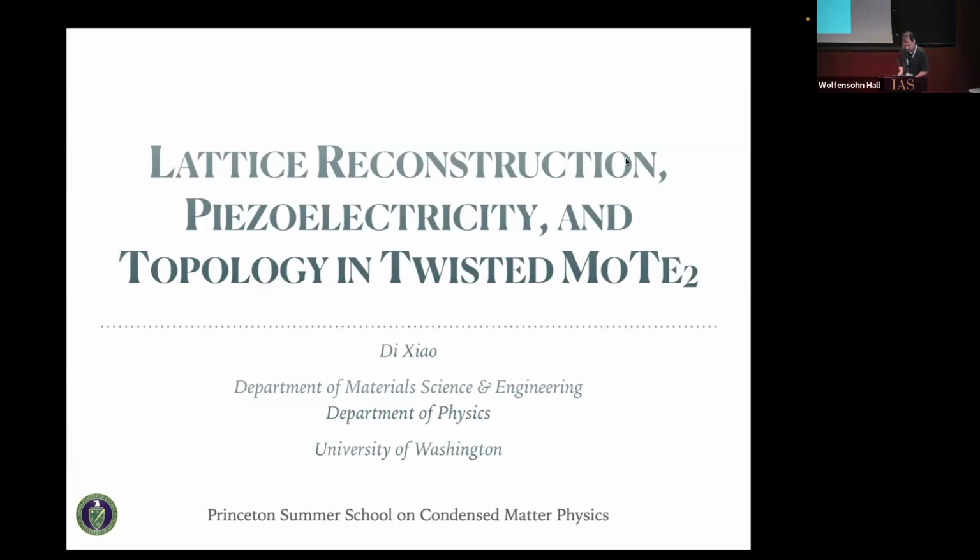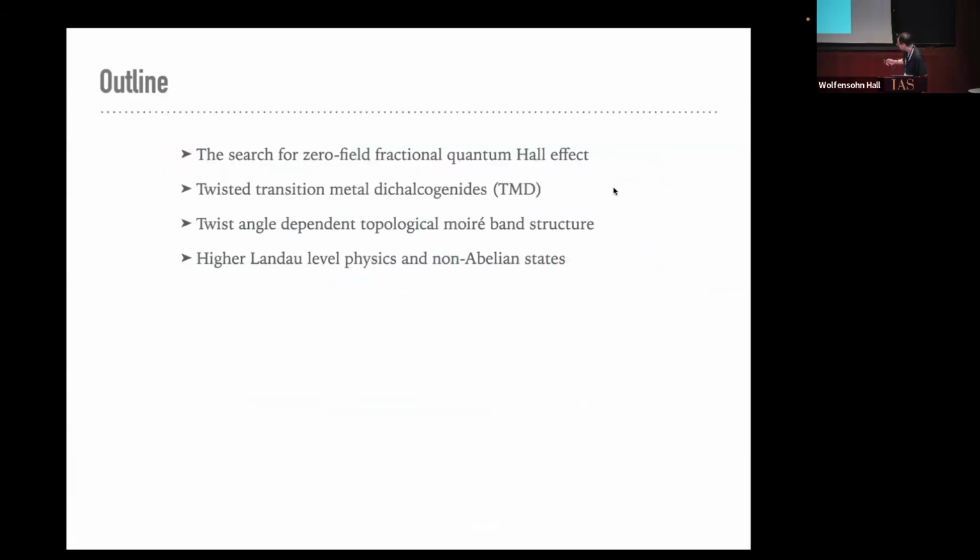So here is the outline of my talk. I will first give you an overview of the search for the zero field fractional quantum Hall effect, mainly from the theory point of view. Then I will give you a very brief introduction to the basics of twisted transition metal dichalcogenides, its crystal structure, its band structure, and so on.